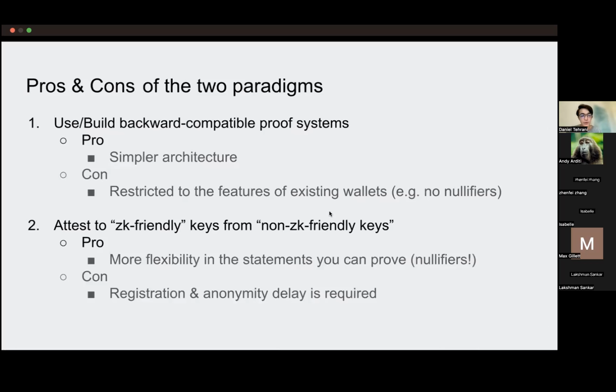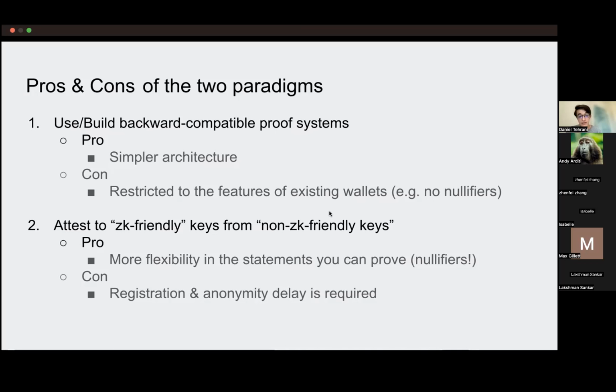So what are the pros and cons of these two paradigms? The advantage of the first one, using a backward compatible proof system, is a relatively simpler architecture compared to the second one. But the disadvantage is that you're restricted to the features of existing wallets. Because you're signing with crypto wallets, you don't get nullifiers.